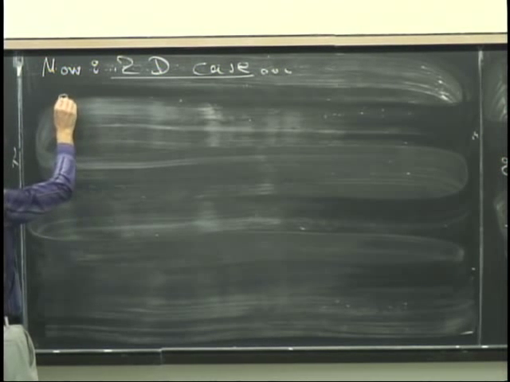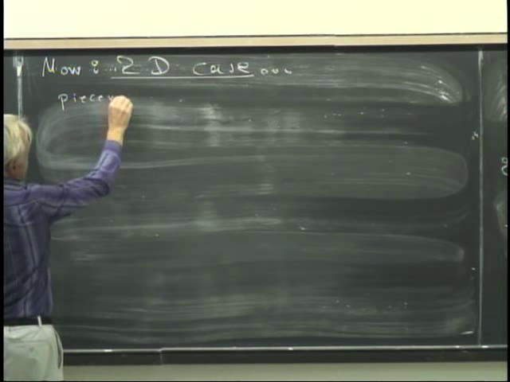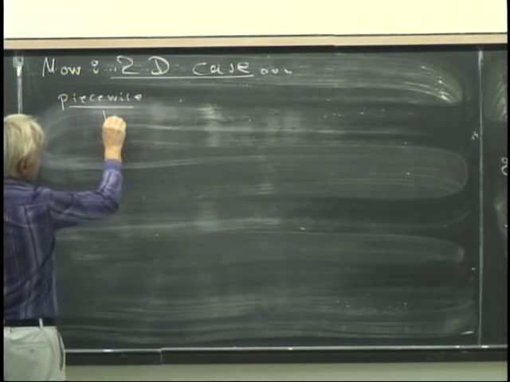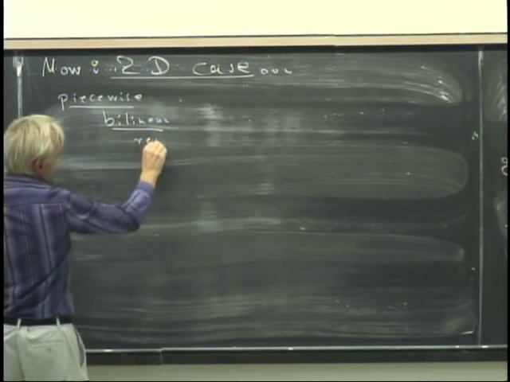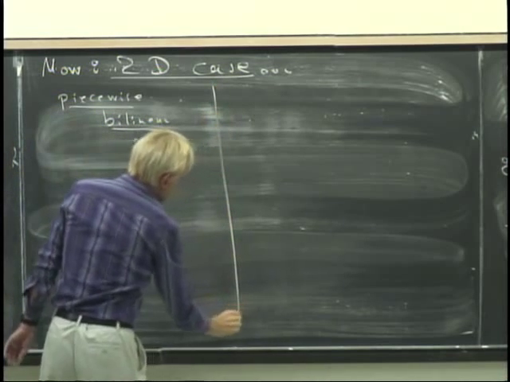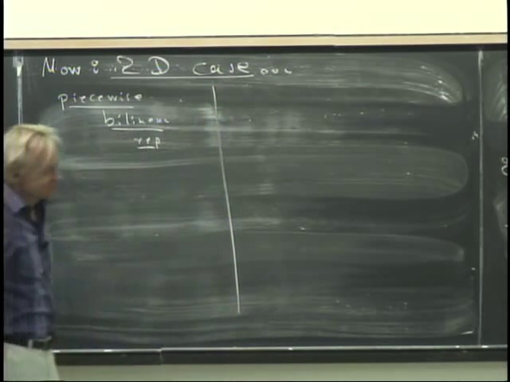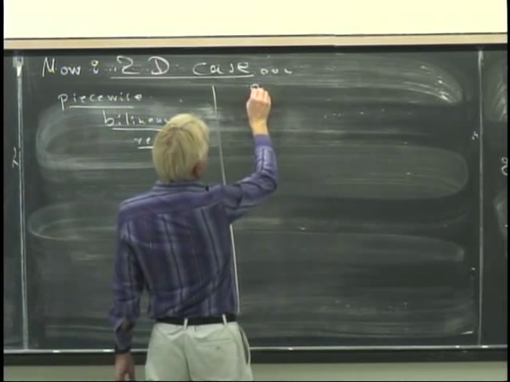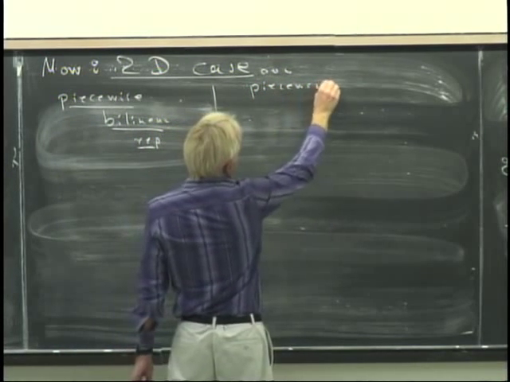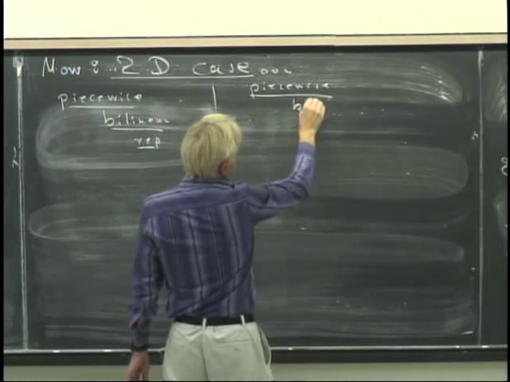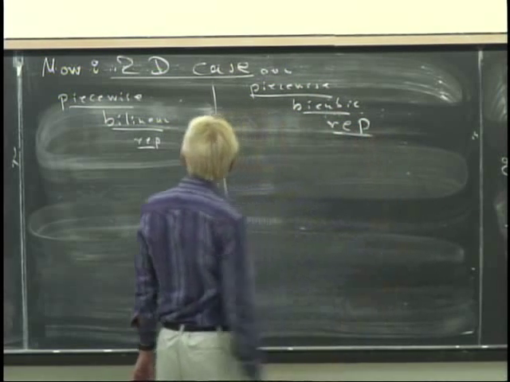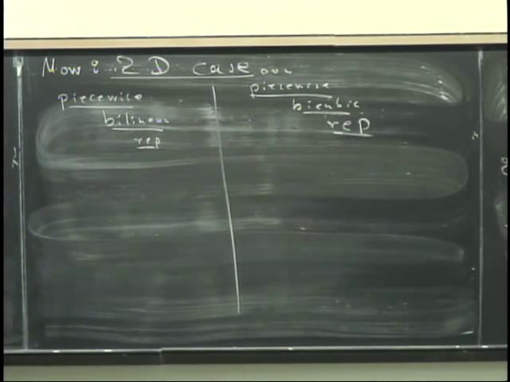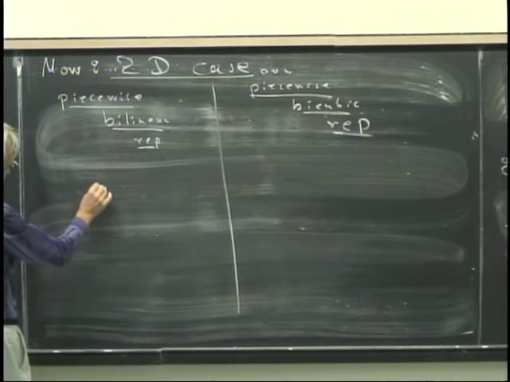So we have one way to represent data, piecewise bilinear representation. And then what we want is a better representation, a piecewise bicubic representation. All right, so how many should I draw? Maybe I'll just draw a few. So like this.